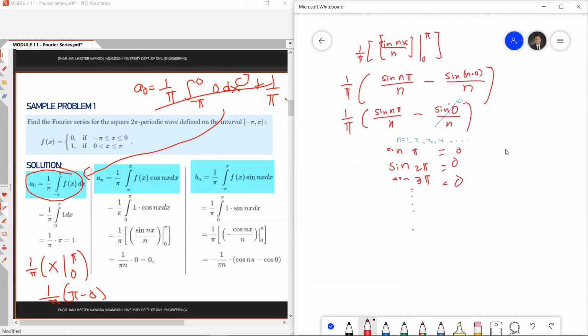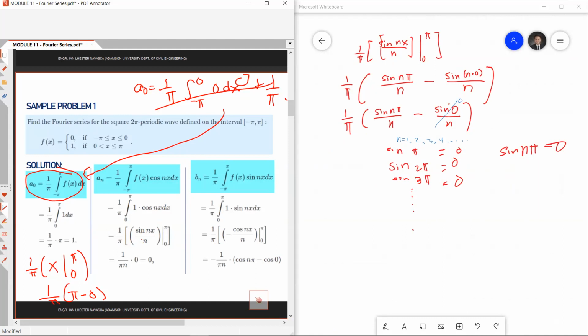Therefore, we can say that sine of n pi is always 0. Therefore, this sine nx over n is always 0.